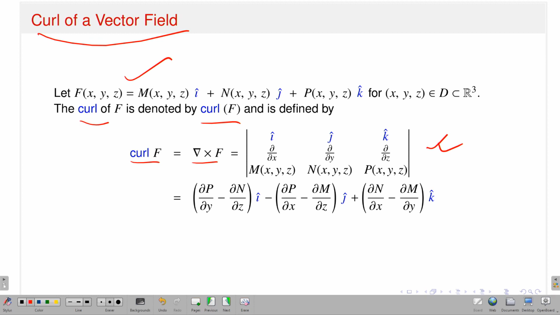If I have components capital M, capital N and capital P of my vector field capital F, then the first component of curl is del P del Y minus del N del Z, the second component is del M del Z minus del P del X, and the third component is del N del X minus del M del Y.